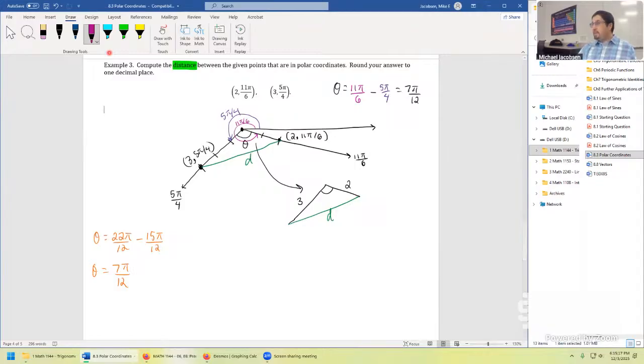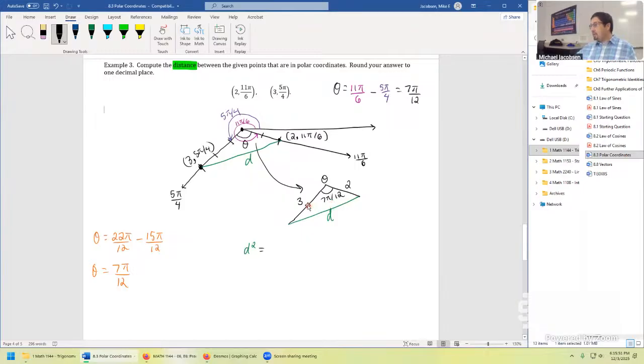Okay, well, now that we have 7 pi over 12, let's label it here. And this is specifically the situation that law of cosines works really, really well on. If you call that angle theta or 7 pi over 12, the idea with law of cosines is that we can find the square of the distance as long as we know these two side lengths here and here, and the internal angle between them, which we do, 7 pi over 12.